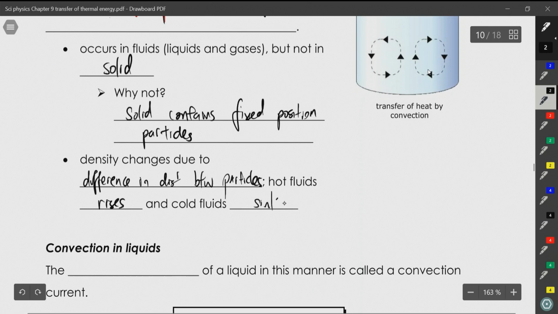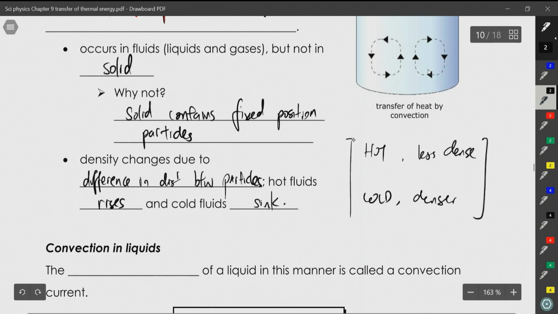In other words, if you have forgotten, hot is less dense and cold is denser. You have to be able to explain in terms of distance between particles also. For this, the distance between particles is closer; for this, the distance is further.